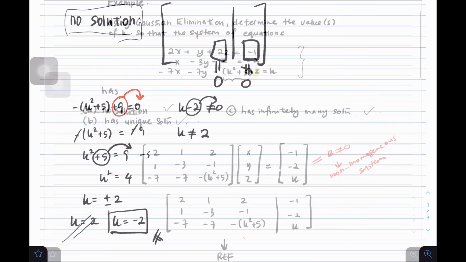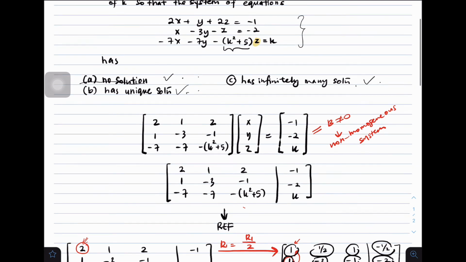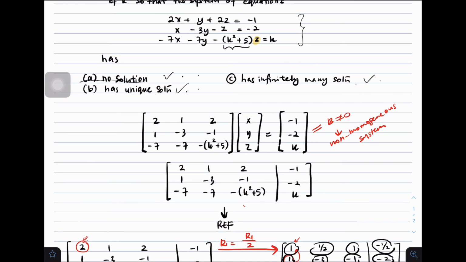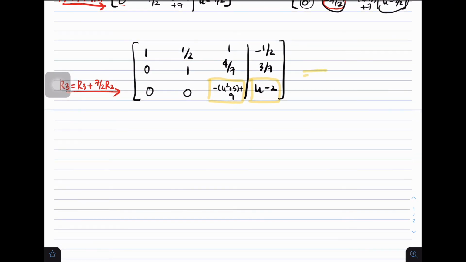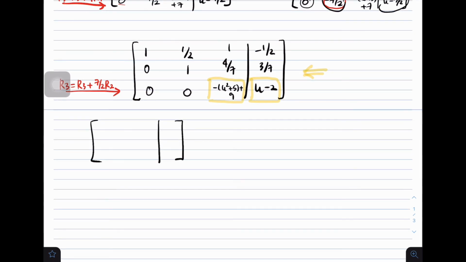The question asks us to find the value of k so that the system will have a unique solution. So we come back to our row echelon form here. This one is row echelon form. For our system to have a unique solution, your element here must not equal to 0.